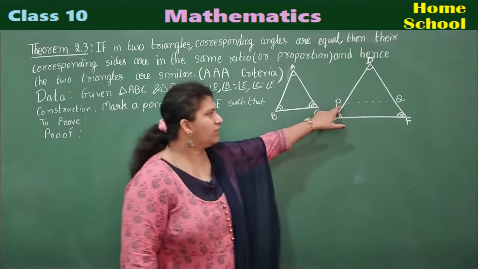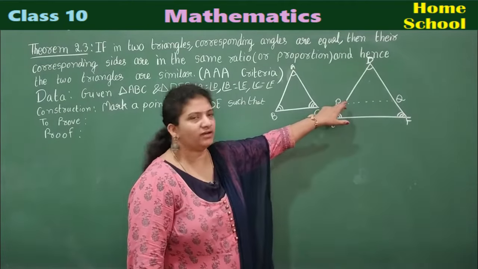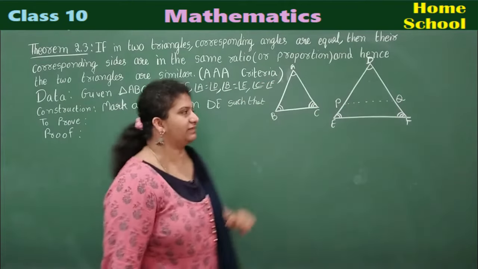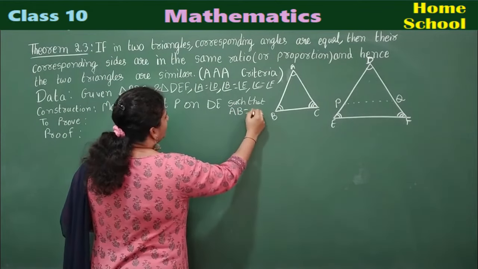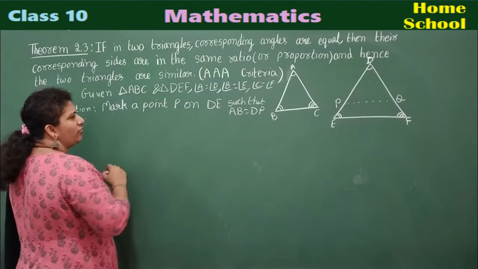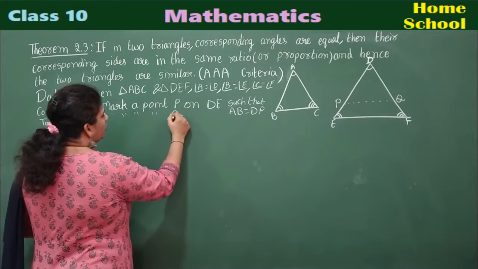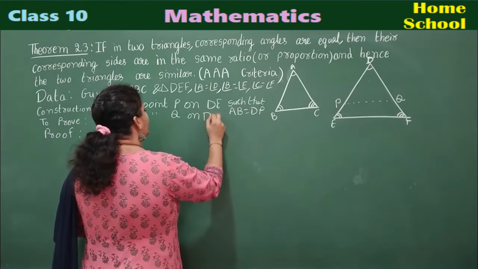You have to mark a point P on this triangle. How do you need to mark it? Such that this length must be equal to this length, that is, AB is equal to DP. Then one more point we need to mark. What is that, children? In the same manner, mark a point Q on which side?